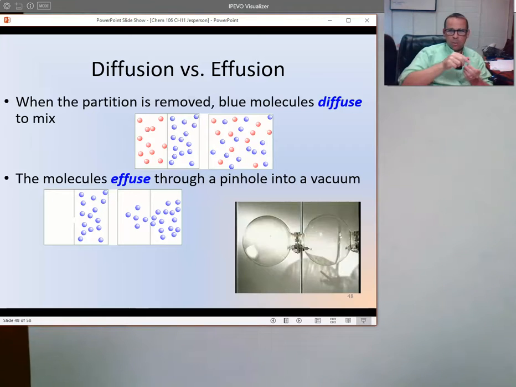And that's what's happening when I open a bottle of perfume. It has to move through all this atmosphere of nitrogen and oxygen in my room. Effusion is when I open up a container into a vacuum. In both cases, the gas with the smaller molar mass will move faster.